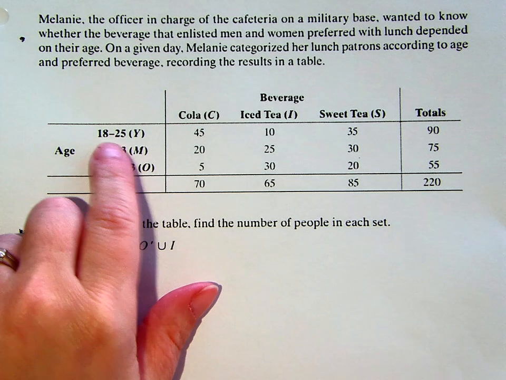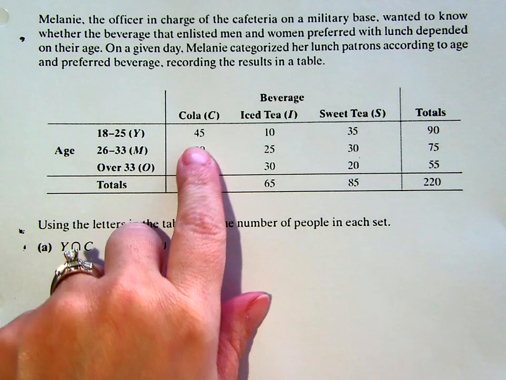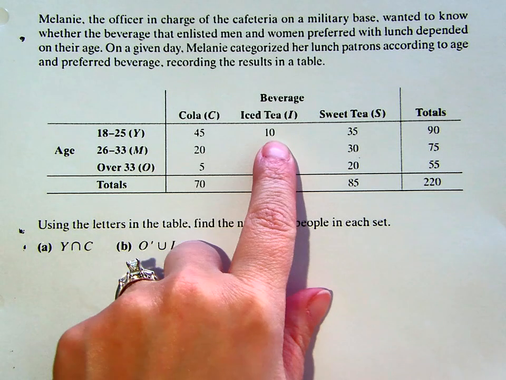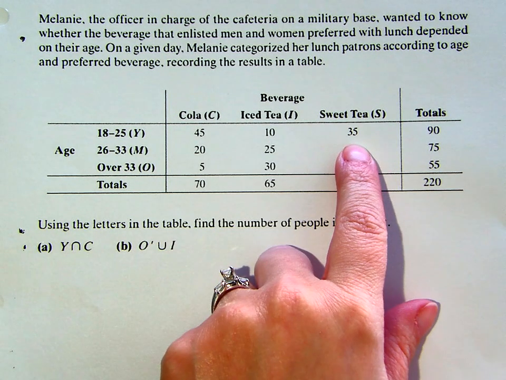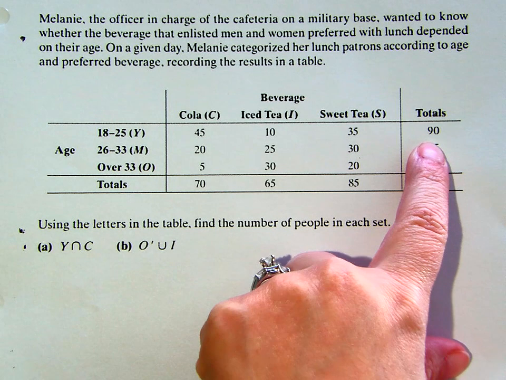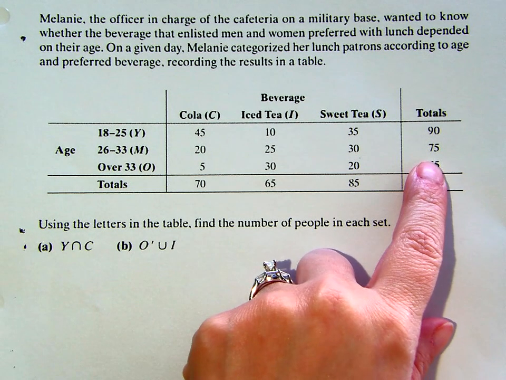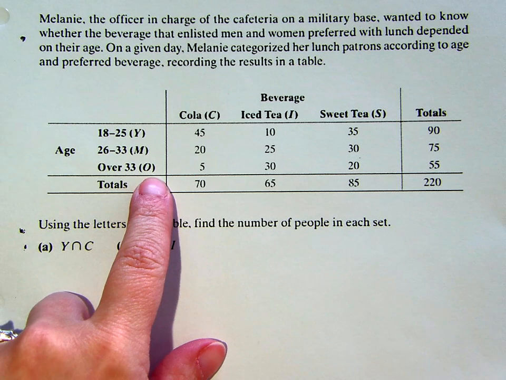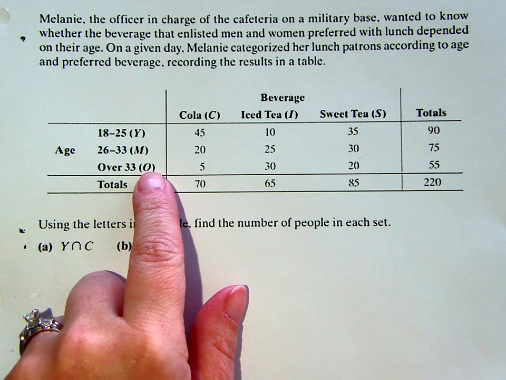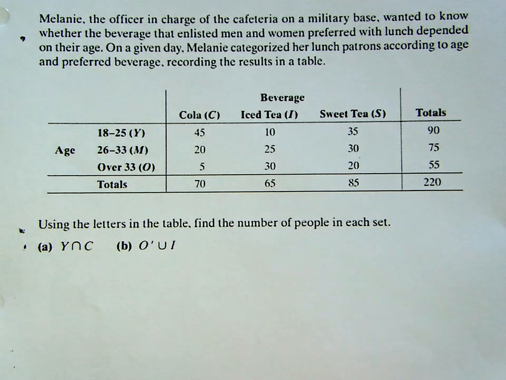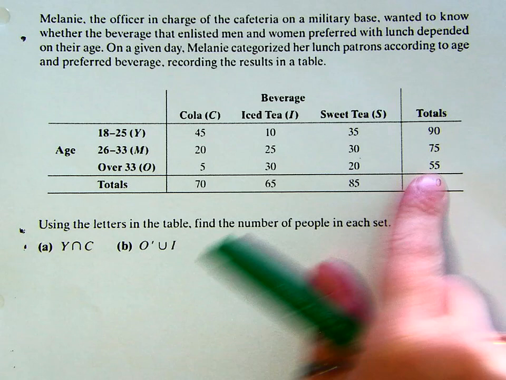Shows that 45 chose cola, 10 chose tea, 35 chose sweet tea for a total of 90 people. Then there's 26 to 33, and you can see those numbers. And then there's over 33, which I take a little bit of offense that that's the old people category, but whatever. And it shows those numbers with our grand total of colas, iced teas, and sweet teas given.